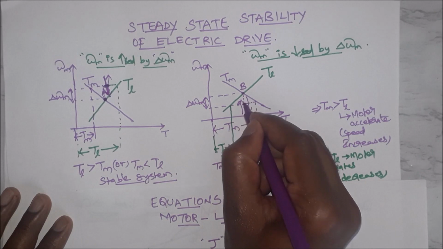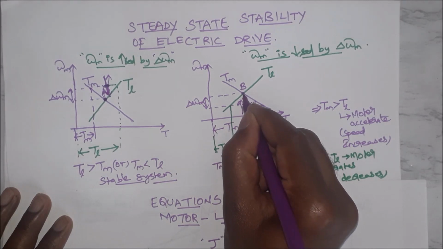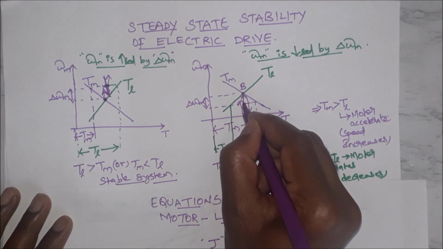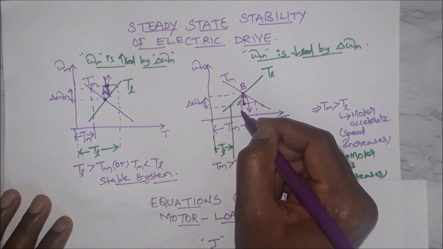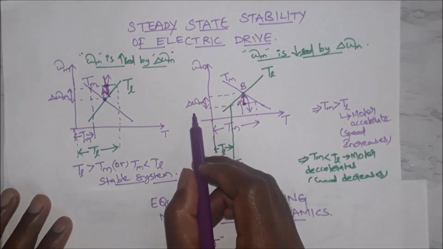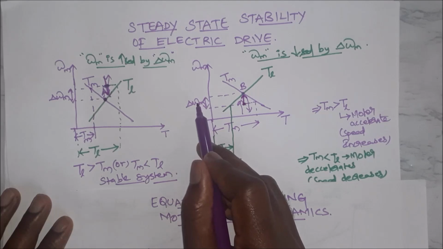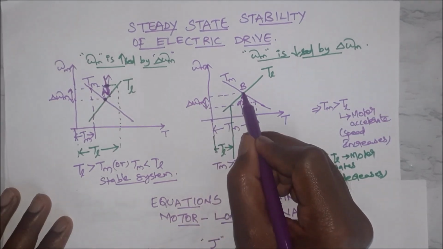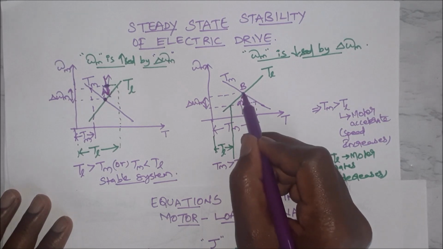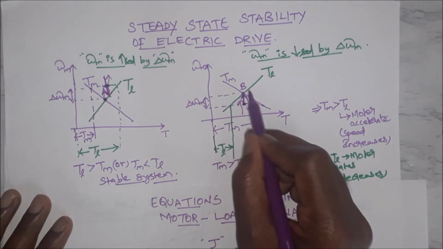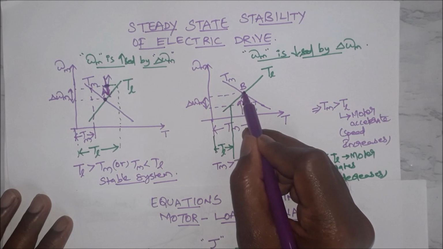If the speed increases, this point goes towards where? Again to the same position, that means again to the original position. So even if there is a decrement in speed, your operating point is coming back to the original position. Therefore it is always coming back to the equilibrium called steady state point.